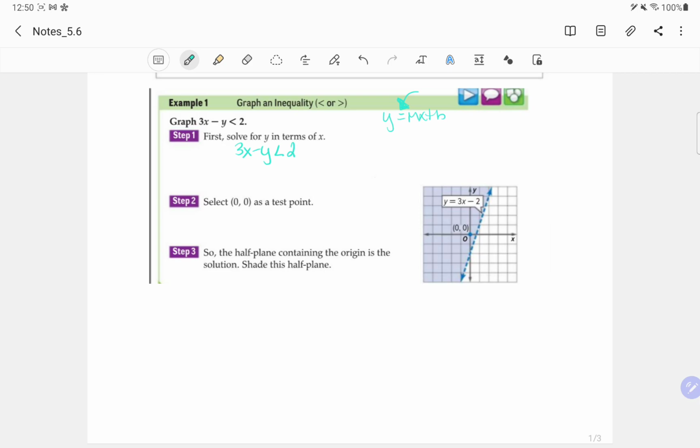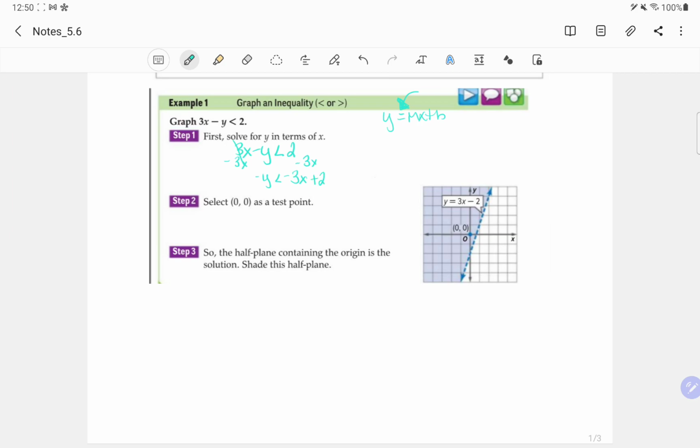I want to get y alone. So I'm going to subtract 3x from both sides to get it to go away and get just a negative y over here. I want the x in front, so I'm just going to write it in front. It's going to be negative 3x. That's a positive 2, so it becomes plus 2.